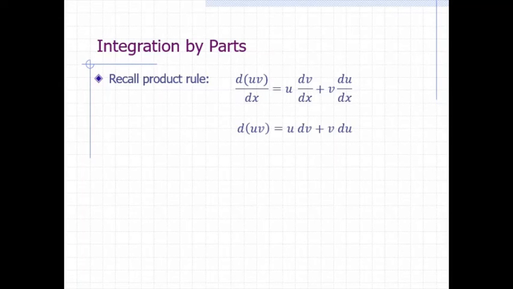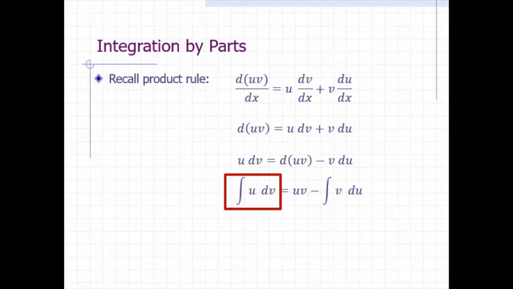We can rearrange this equation so that only u dv is on the left-hand side. If we do, the right-hand side will be d of uv minus v du. If we integrate both sides of the equation, we get this expression. On the left-hand side, we have the integral of u dv, and on the right-hand side, we have uv, which is what we get when we integrate d of uv, minus the integral of v du.